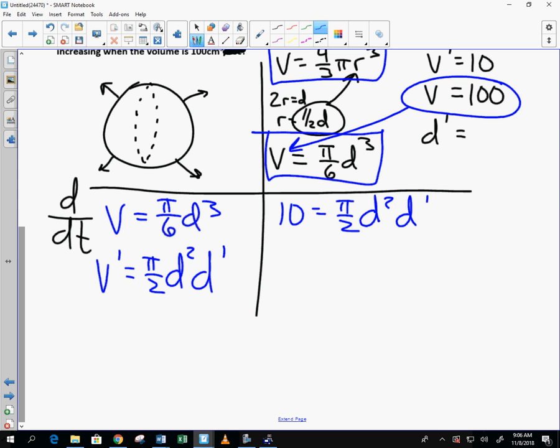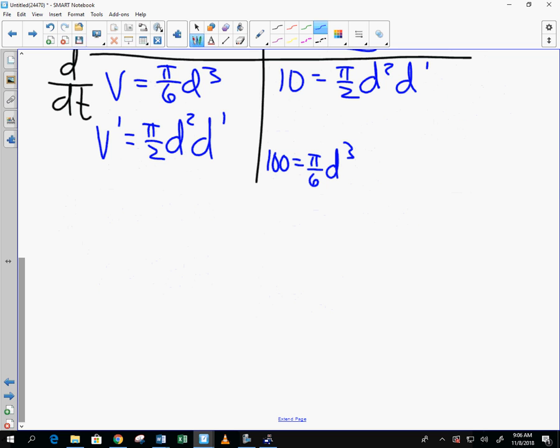I'm going to solve that here. 100 is equal to pi over 6 D cubed. That will allow me to solve for the diameter. Multiply both sides by 6 over pi. 600 over pi is D cubed.